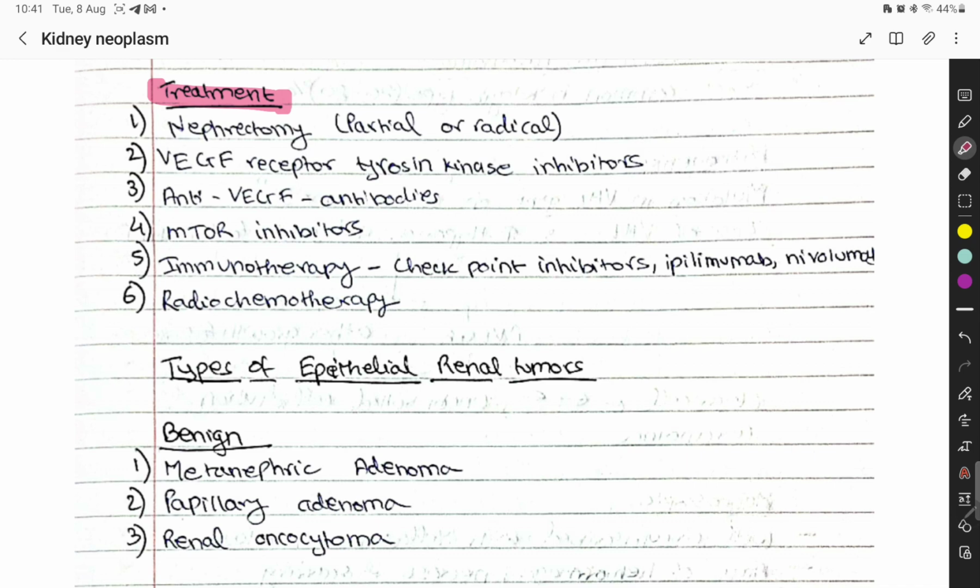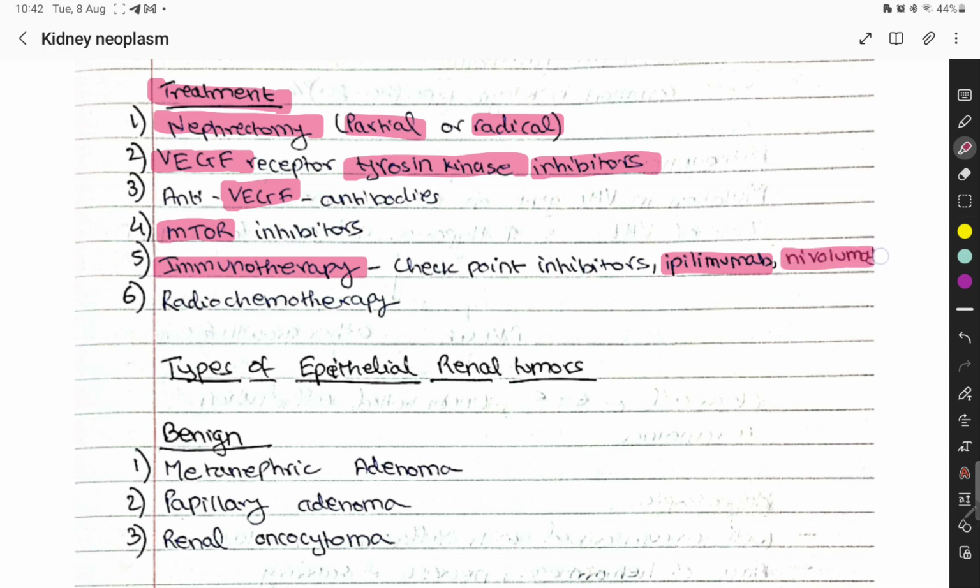Now, treatment of kidney tumors is nephrectomy. You can have it partial or radical, meaning the whole kidney. Then VEGF growth factor and tyrosine kinase inhibitors, vascular endothelial growth factor receptor and tyrosine kinase inhibitors. Okay, anti-VEGF antibodies, mTOR inhibitors, and immunotherapy with checkpoint inhibitors, ipilimumab and nivolumab.